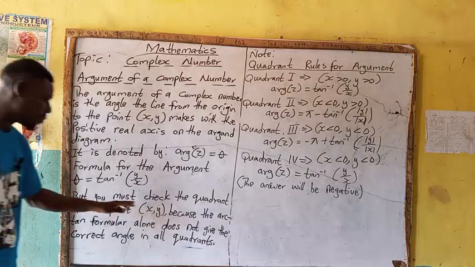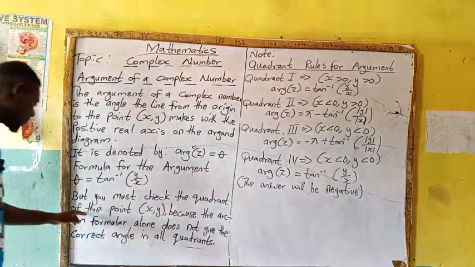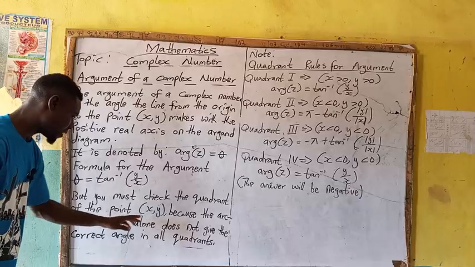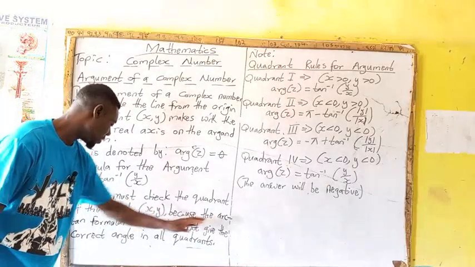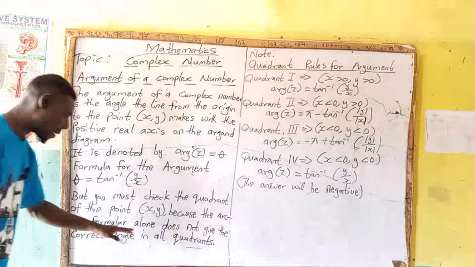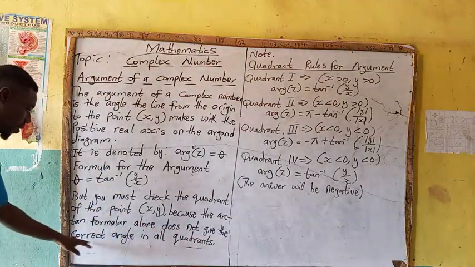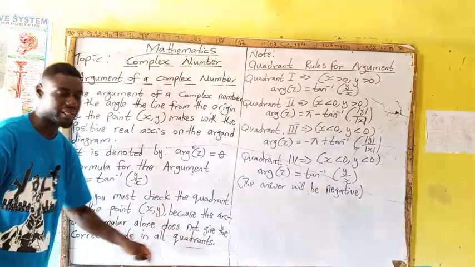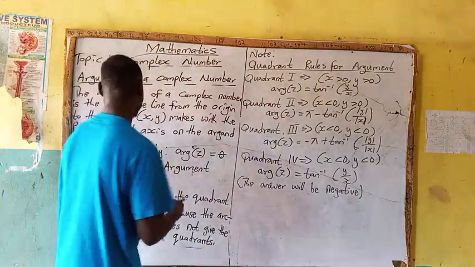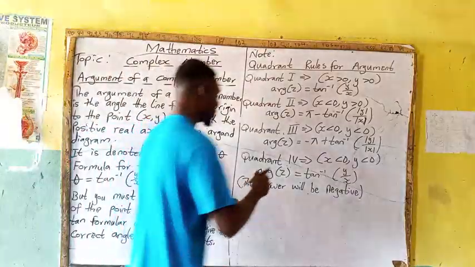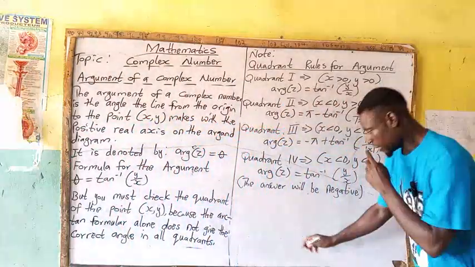Now, because you must check the quadrant of the point x comma y, the arctan formula alone does not give us the correct angle in all the quadrants. This is your quadrant.